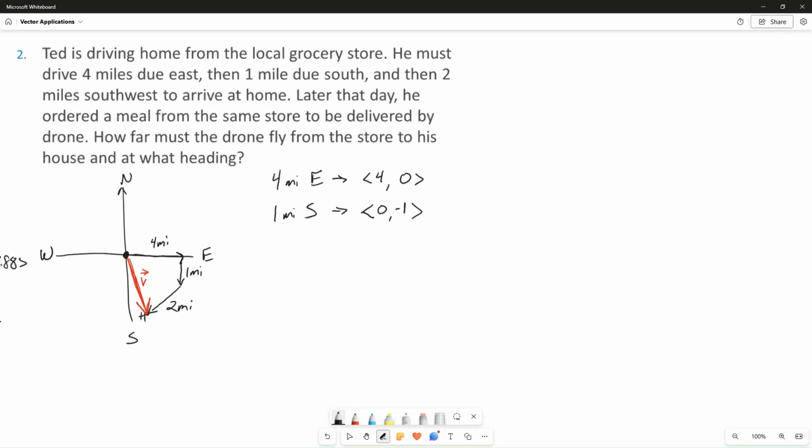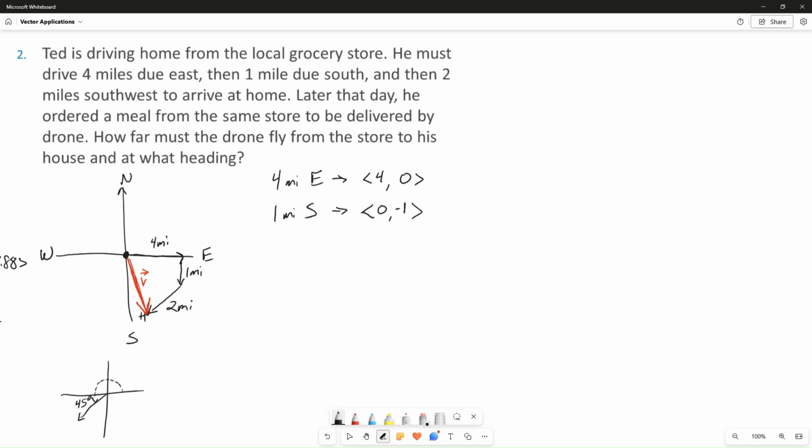And then we need to figure out the vector for the 2 miles southwest. Remember that southwest would be an angle into the 3rd quadrant, right in the middle. Southwest is 45 degrees, but I have to have the standard position angle.